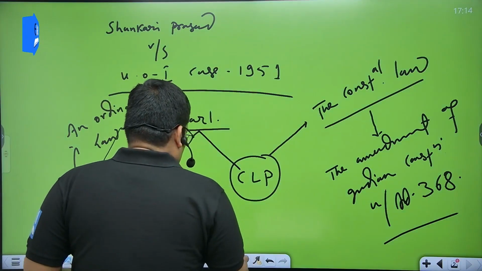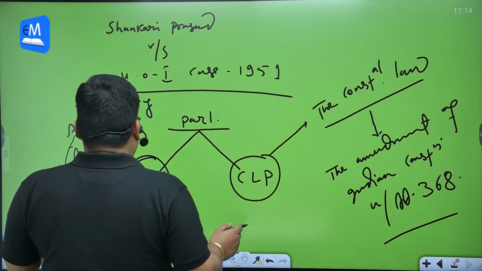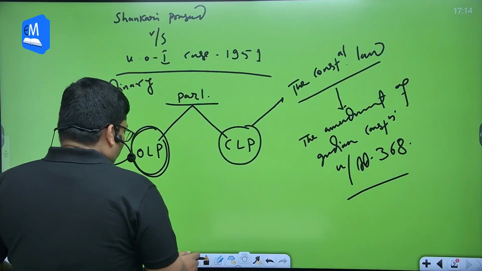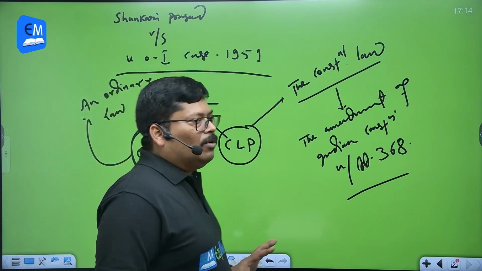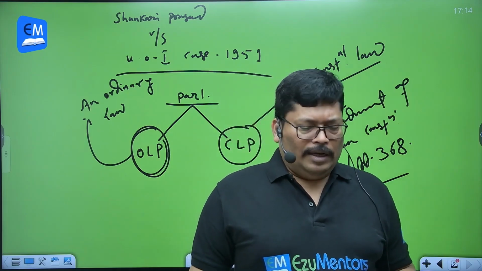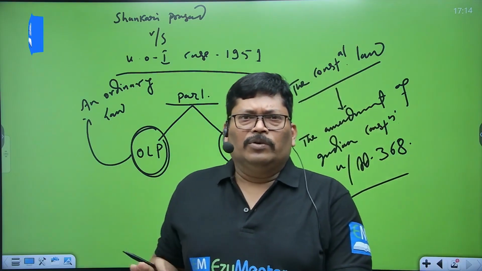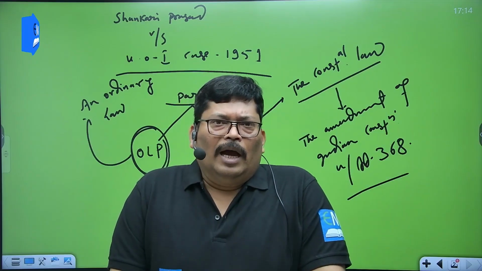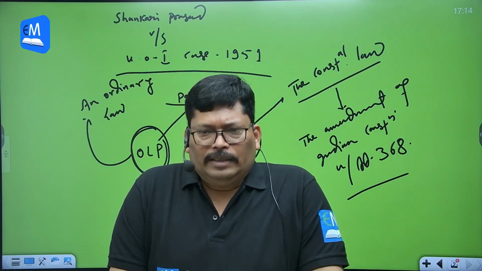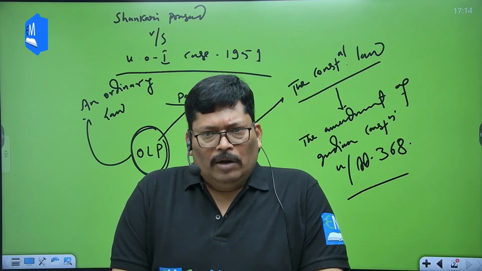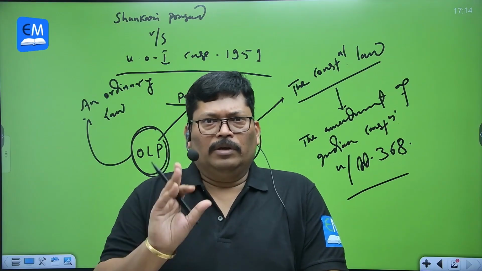Okay, so it became perceptible in this particular case that the Parliament has the power to carry out amendment across the fundamental rights, and thereby this confusion ended, and people became aware of the fact that yes, the Parliament of India has the power to carry out amendment even across the fundamental rights.